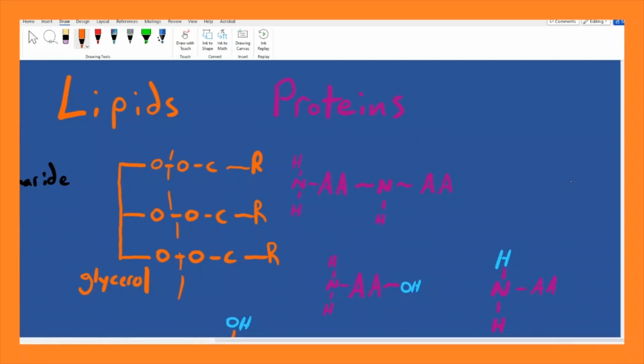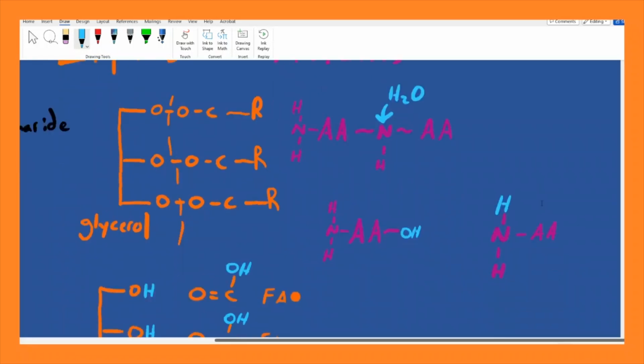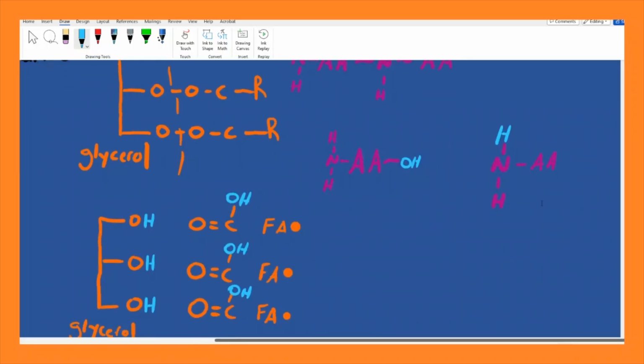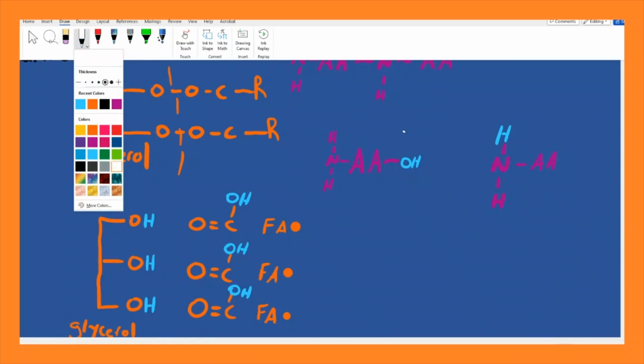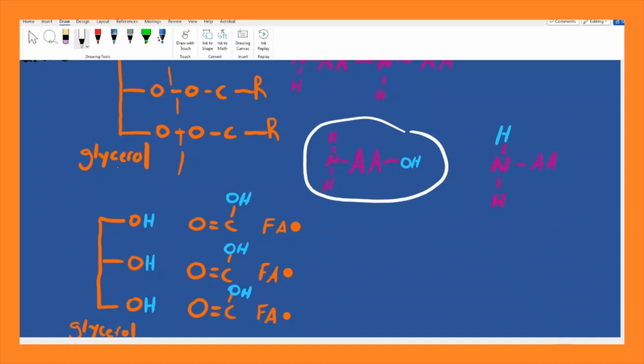Imagine a couple amino acids linked together by what we call a peptide bond right there, and I add water to this peptide bond if I have the proper enzyme, and what happens? The two amino acids come apart. One side gets an H, one side gets an OH. Here's one amino acid, here's another amino acid, monomers that I can absorb.